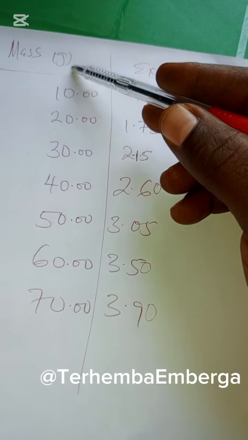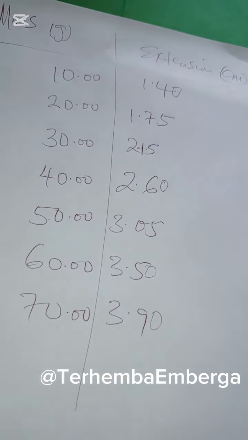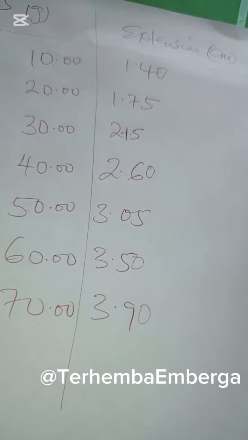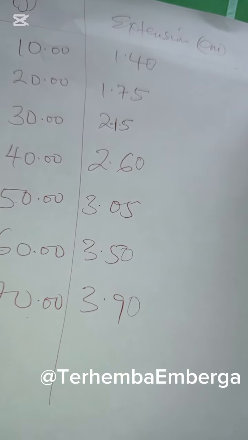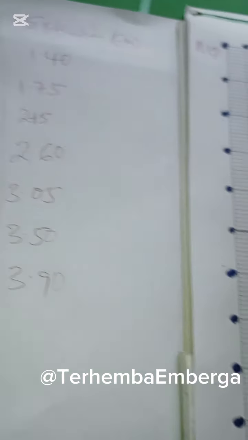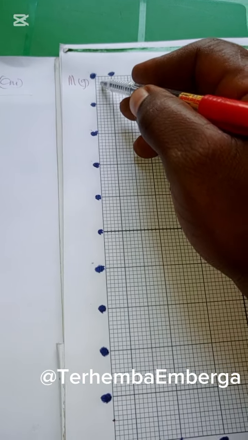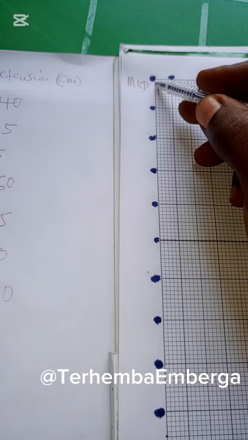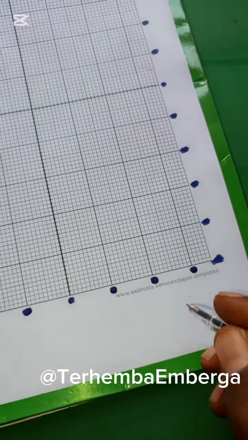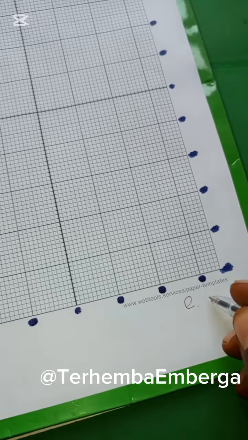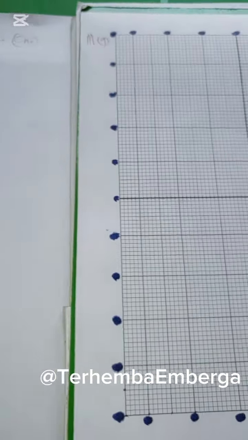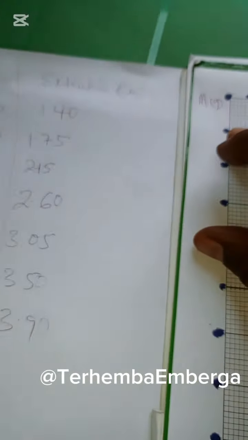So on the y-axis we have m in grams. We know that this is the y-axis, but what is being plotted here is mass. And then on this axis is extension in cm. You have labeled your axis.